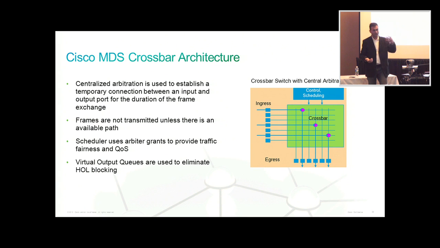And then for each of those queues, we actually have queues on a per input line port basis to allow for fairness. So let's say you have small packets and large packets. By having queues on a per ingress port basis, you can do a round robin between these different queues.